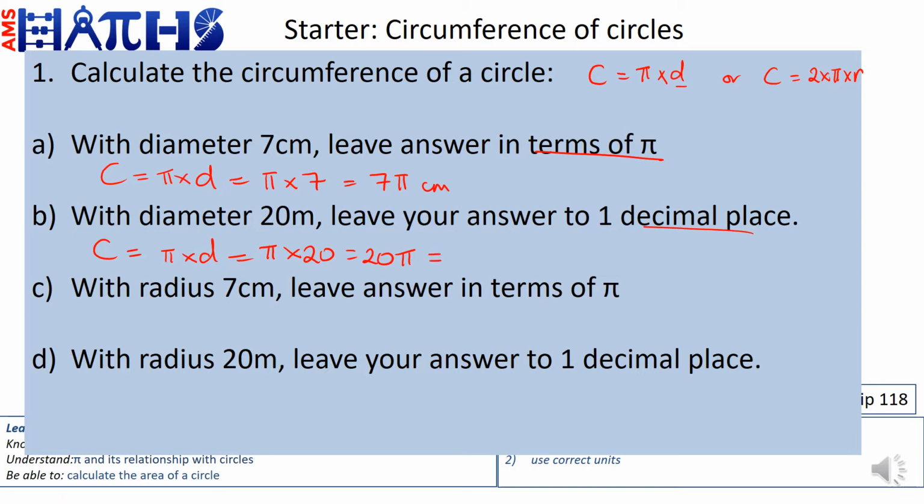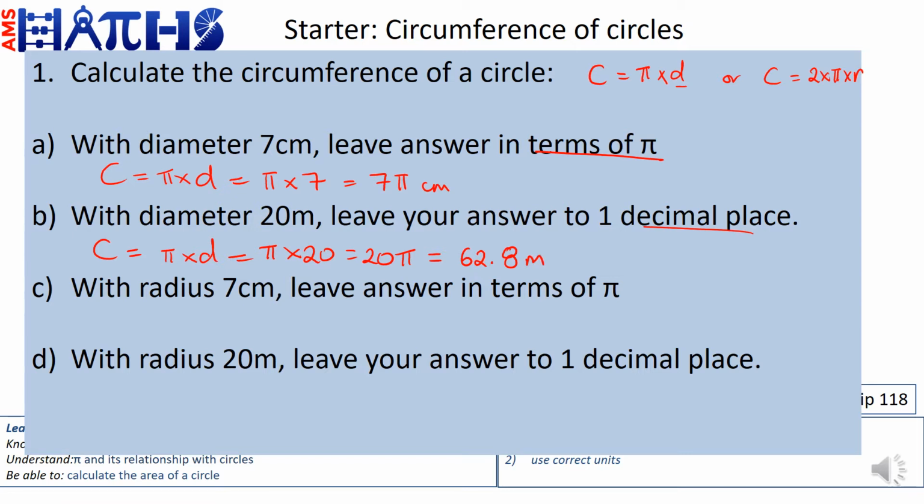So we'll press SD on our calculator, and that should give us 62.8 to one decimal place, and again units meters.